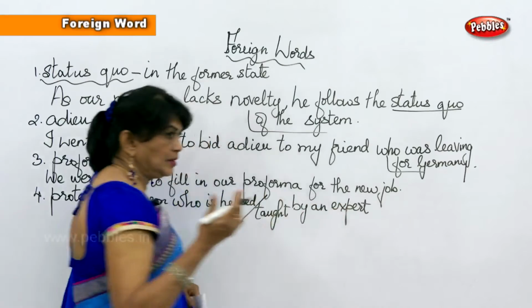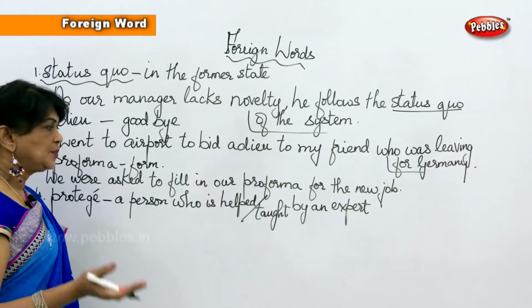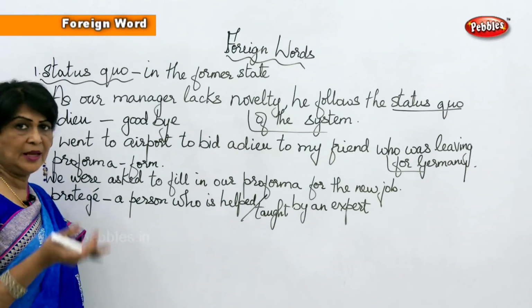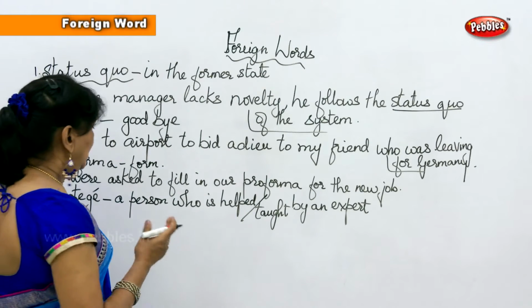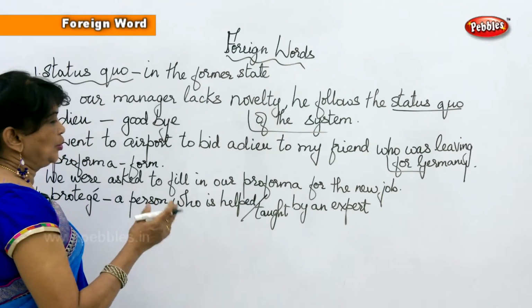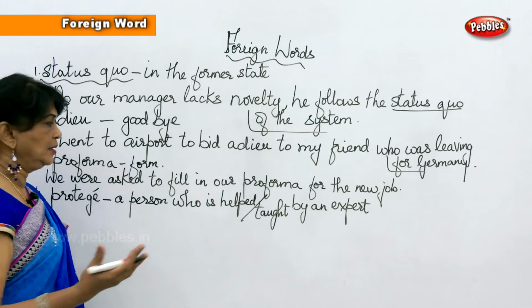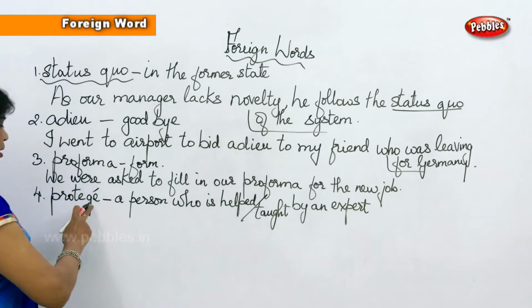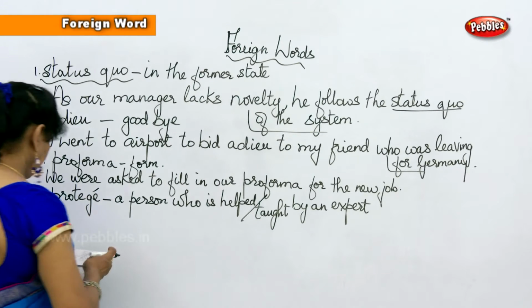It may be for dancing, it may be for any sport, or it may be even for any other skill, singing, anything. He is my protégé means he is a person who is helped or taught by me. Like if you are a skilled person, you can say that somebody else is your protégé. And how do you pronounce this word? Protégé. This accent grave is there.